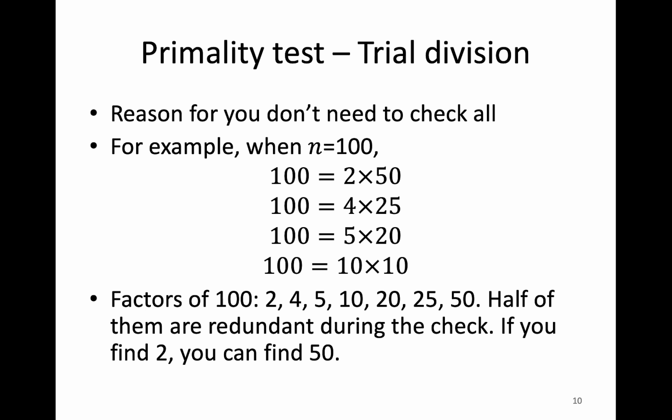So if I want to check whether 100 is prime or not, I only need to check the prime numbers from 1 to square root of 100, which is 10. So I only need to check 2, 3, 5, 7. The reason is, whenever I find 2, then I will find 50. Whenever I know 5, then I can find 20. So whenever I find the first half of them, then I can find the remaining.